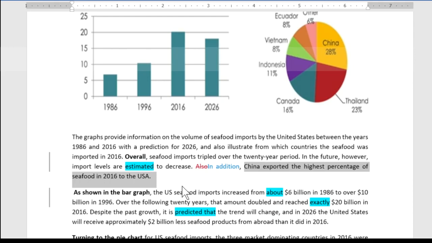There's a link between task achievement and vocabulary. I hope you can see it. We have to be using the right vocabulary. So this language that I'm excited about is also going to help the writer's score for vocabulary as well. So don't think that each criteria is isolated from the other ones. There's a close connection.